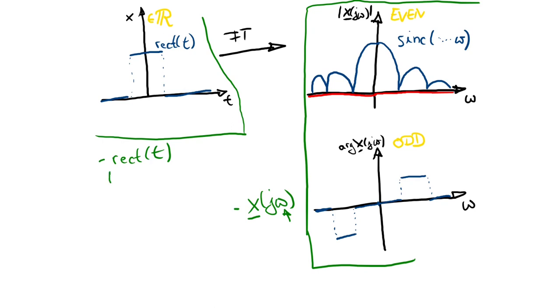The first representation is in the time domain, because it depends on the time, and the second representation is the frequency domain.